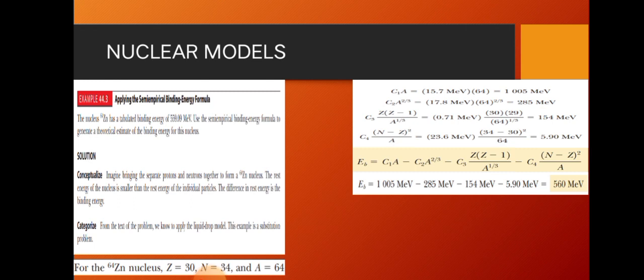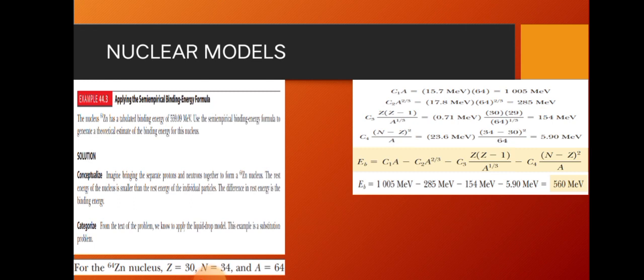Going to our problem, we have C1, which is equal to 15.7 mega electron volts, C2, which is equal to 17.8 mega electron volts, C3, which is equal to 0.71 mega electron volts, and C4, which is equal to 23.6 mega electron volts. We have our A here, which is equal to 64.